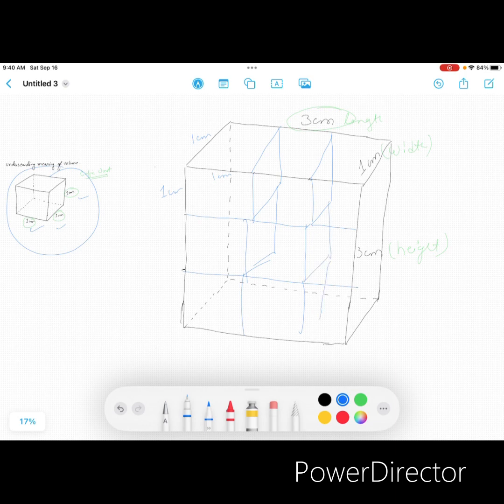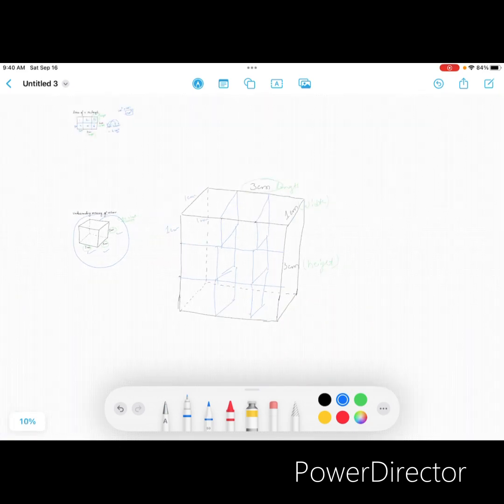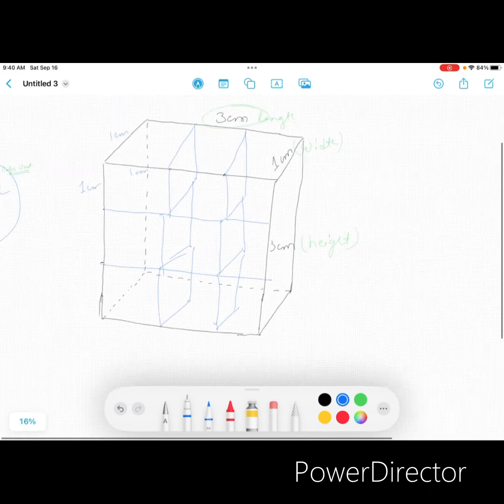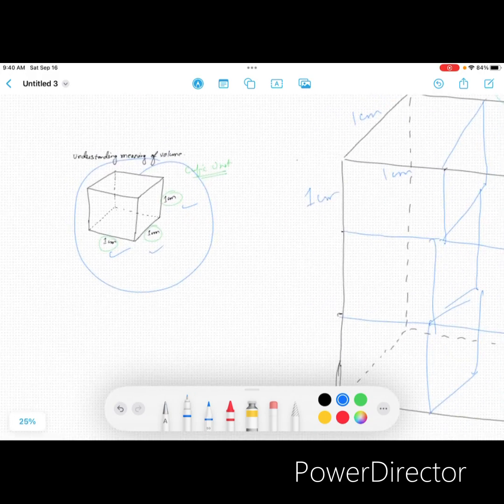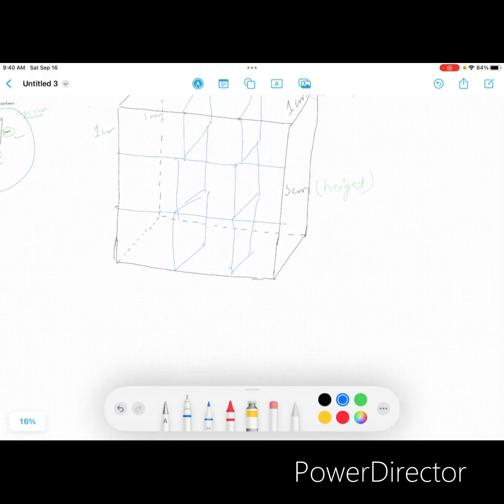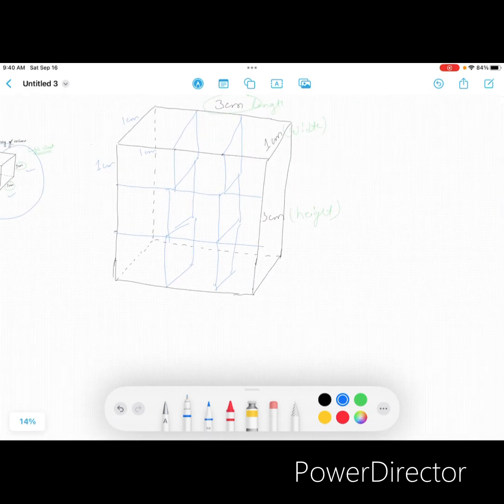So visualizing the same area concept in 3 dimensions is what gives you a volume. One way of looking at it is volume is like adding layers of a 3-dimensional object. How many layers do we see here? We see first layer, which is this, then second layer, and third layer.